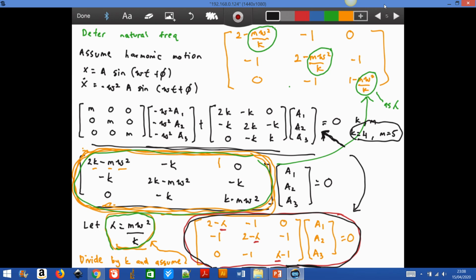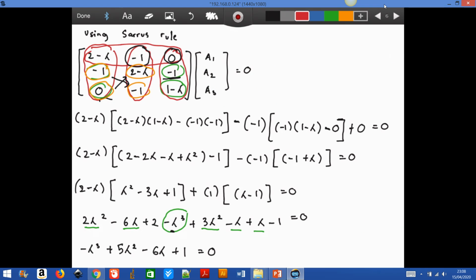But if you have the values for k and m, replace them straight away in this, so that you don't need to use the lambda approach. I hope all of you understand, yeah? But for this example, since we don't know the values of k and m, that's why we need to use the lambda approach. So now this is how we're going to find the lambda.